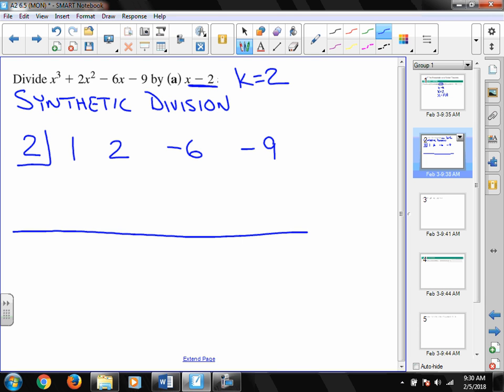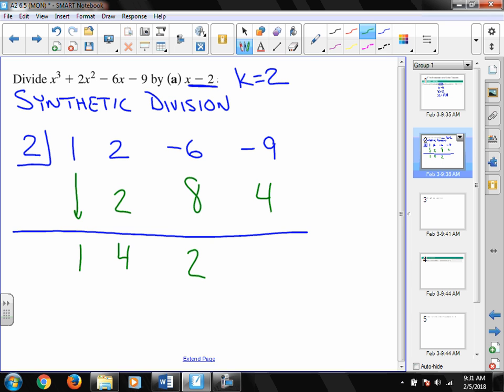Put the line down below, and we're doing the same process that we did before. Drop our 1 down, okay? Then we're going to multiply 2 by 1, 2, add down, 4, multiply by 2, get 8, add negative 6 to 8 to get 2.